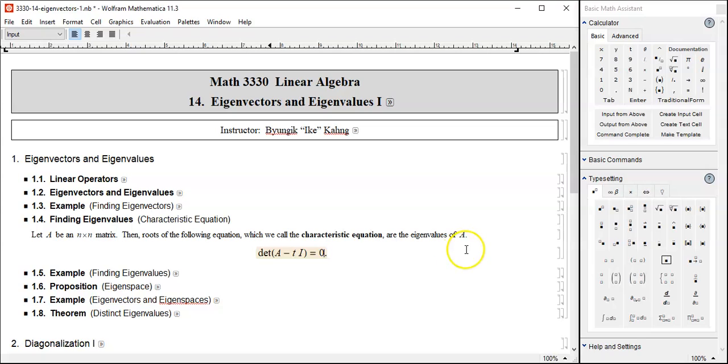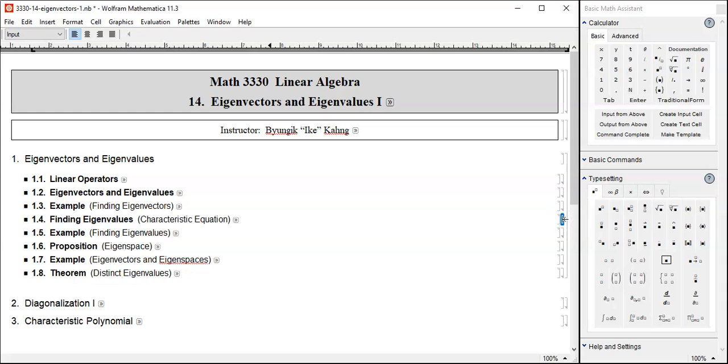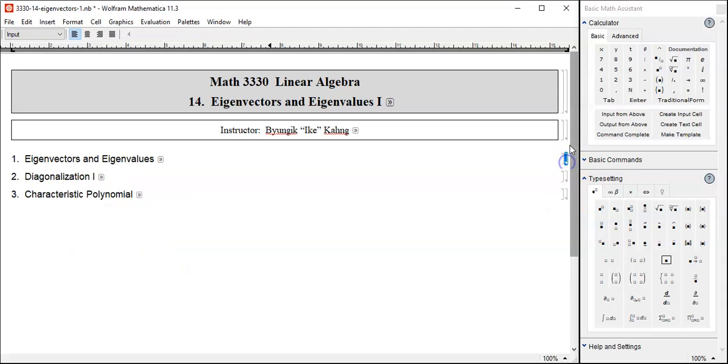This. And if you have 3 by 3, then third degree. If you have 4 by 4, fourth degree equation, and so on and so forth. For each eigenvalue, you can find eigenvectors. And then get linear combinations of those eigenvectors, then you get the eigenspace. That's where we're going to stop.